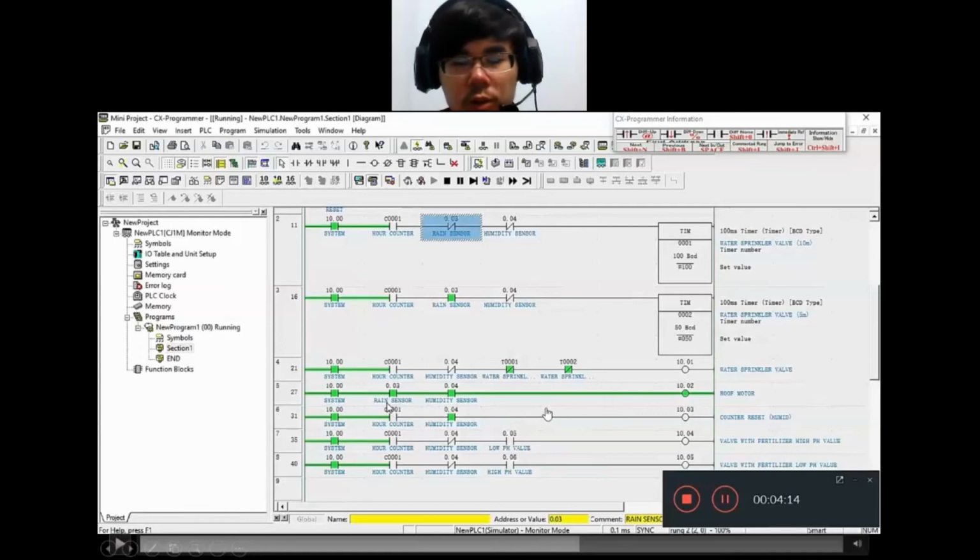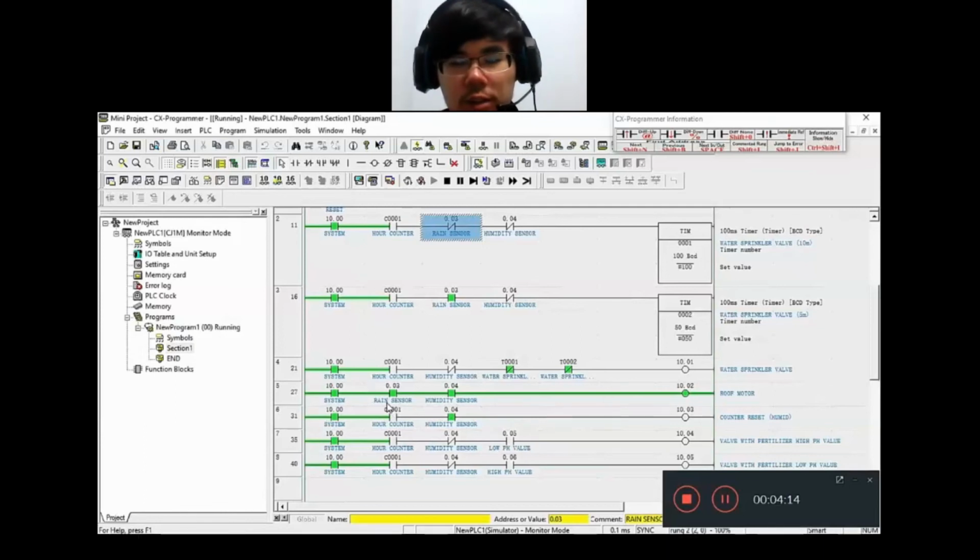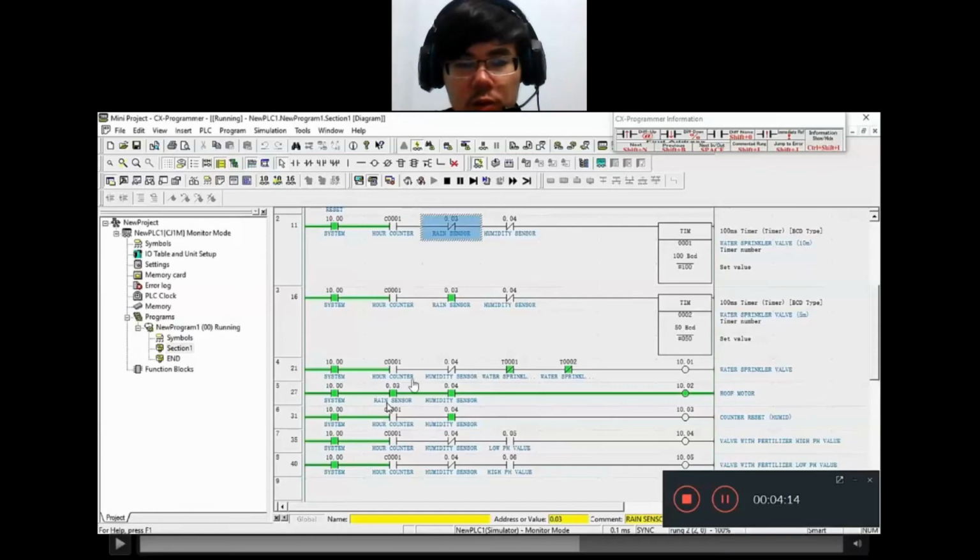So the roof motor will automatically operate to cover the rain, without waiting for the hour counter to count 8 times. It will continuously cover the crops until one of the sensors is equal to 0, that means either it stopped raining or the humidity of the soil has become dry.